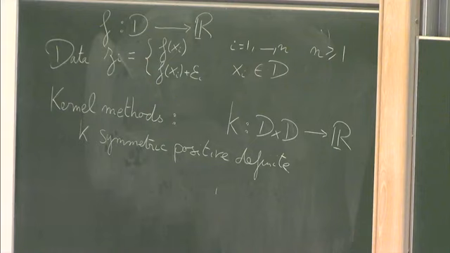Or I can say in a stochastic paradigm, f is a priori a realization of some random process, or some random field, and I'm going to condition my random field on these observations, and then I will have a posterior distribution.